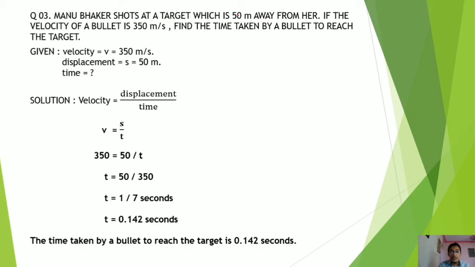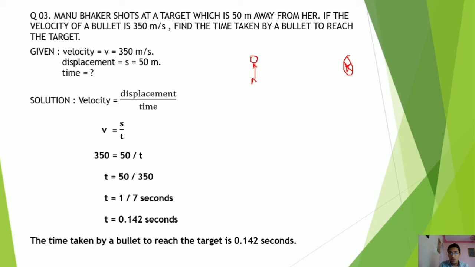Now, if she shoots at a target which is 50 meters away from her, suppose here is a target, and this girl is shooting at the target.